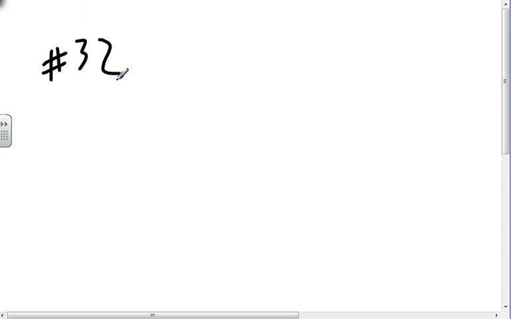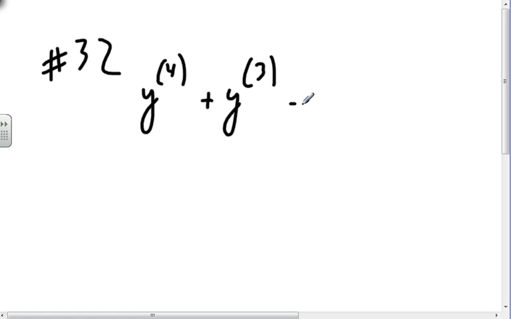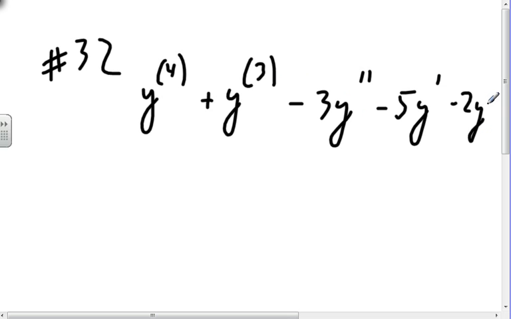And how deep are we supposed to go? We're supposed to go to 49. So we'll look at 32. y fourth derivative, y third derivative, 3y double prime, 5y prime minus 2y is 0.